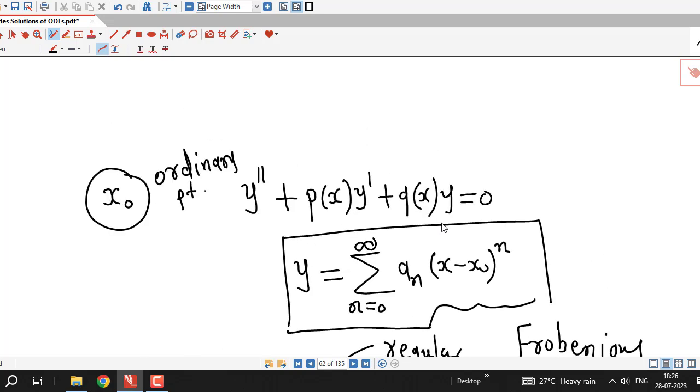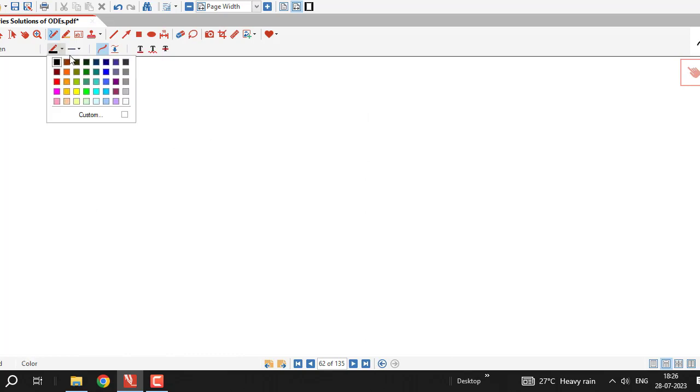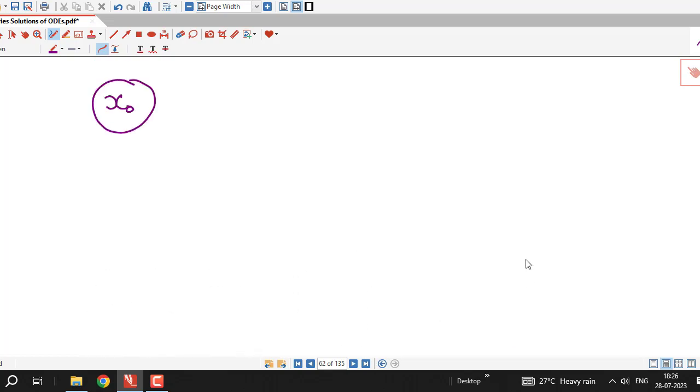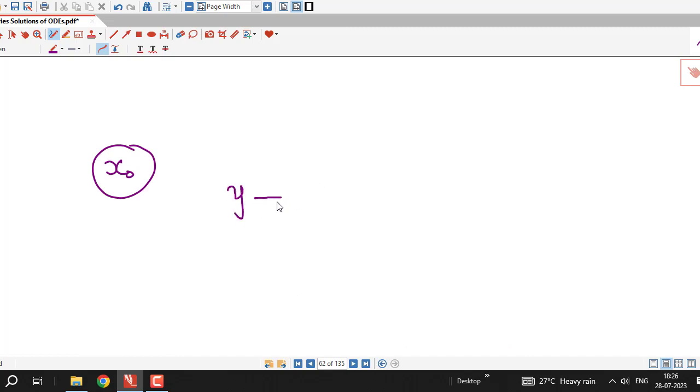If x0 is a regular singular point of the differential equation y double dash plus p(x) y dash plus q(x) y equal to 0, then the Frobenius method says that the equation has at least one solution in this form: x raised to r sigma a n (x minus x0) to the power n, where n equal to 0 to infinity.